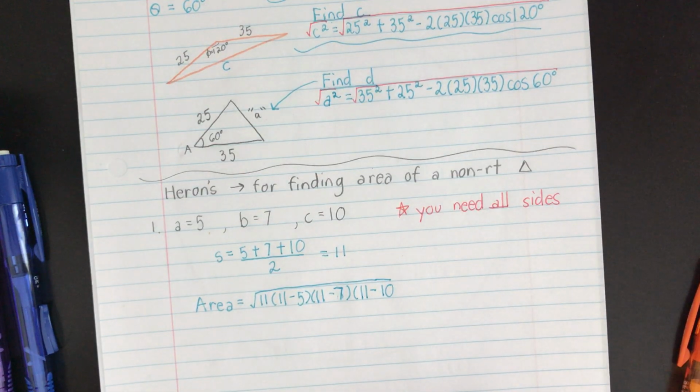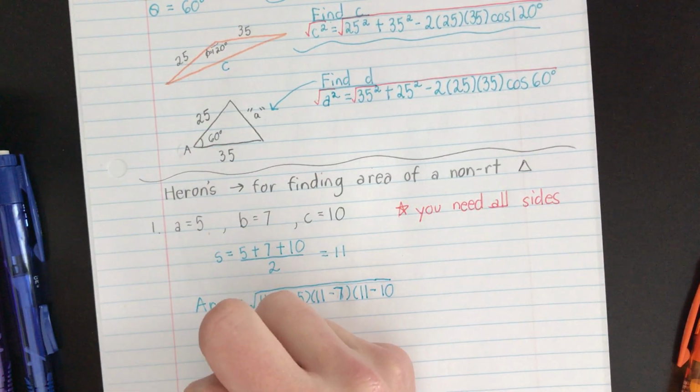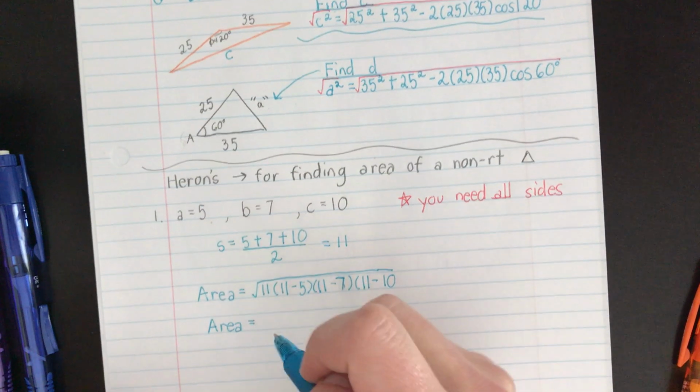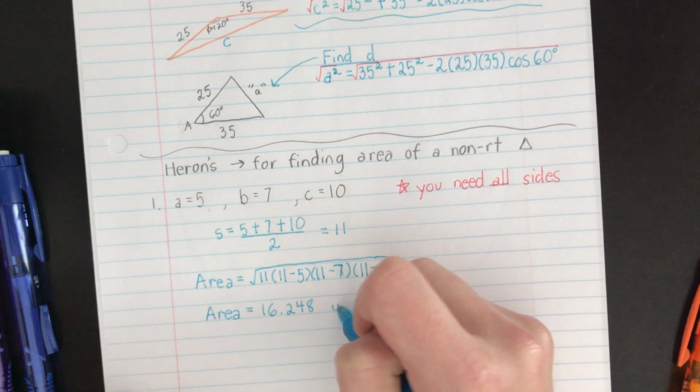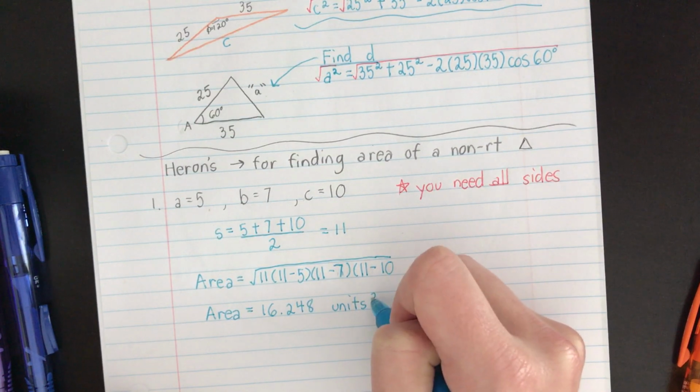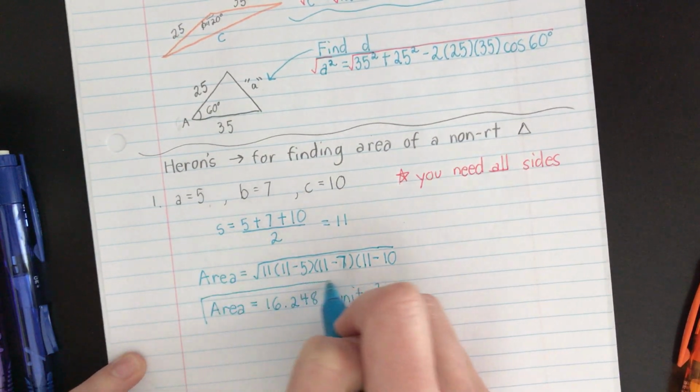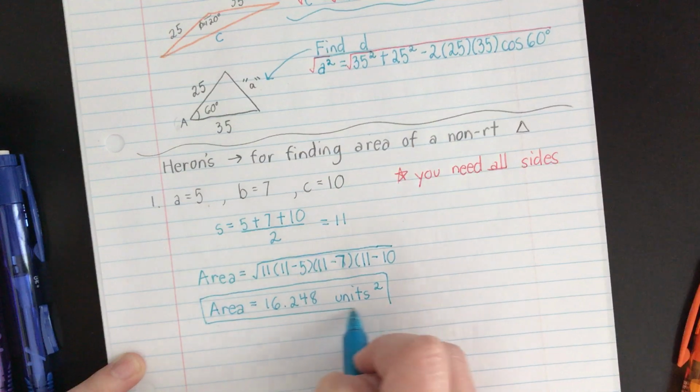Okay, square root that, plug it in your calculator, and you get the area of this triangle equals 16.248 units squared, right? That's it.